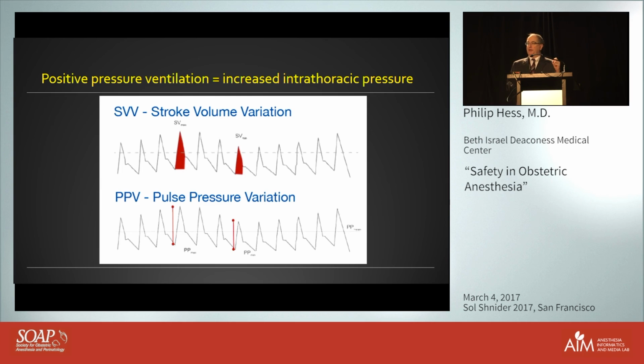So this works on patients who are intubated and have positive pressure ventilation. And when you have inspiratory pressure, what occurs is there's a decrease in venous return. And if the patient is volume responsive, then that decrease in venous return is going to be more significant.